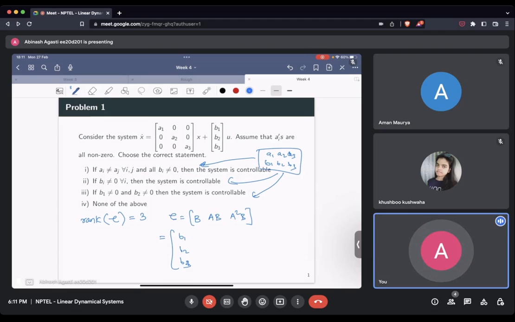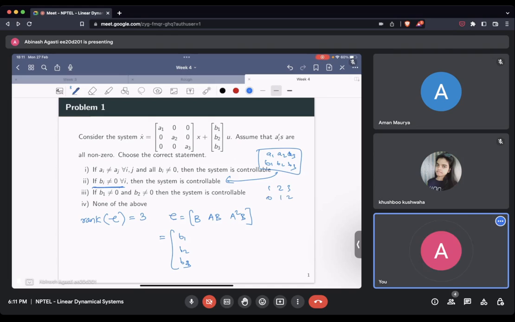For any given set of a1, a2, a3, b1, b2, b3, let's say it does not satisfy this condition. Can we generalize that this statement will hold true? I mean, will it be false? So what I'm asking is, let's take a1, a2, a3 as 1, 2, 3, and b1, b2, b3 as, let's say, 0, 1, 2.